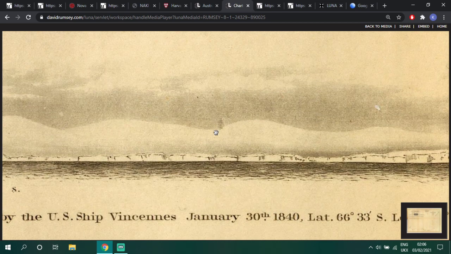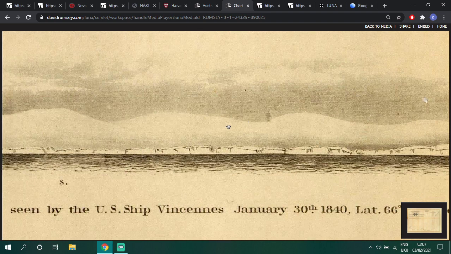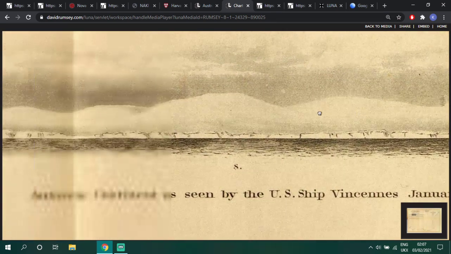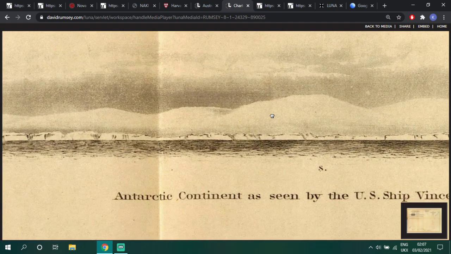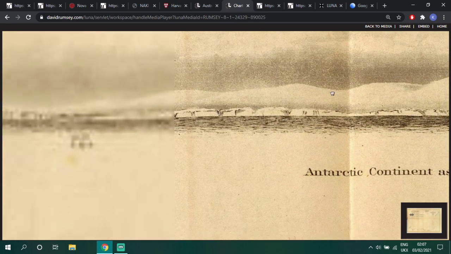Is that a giant standing there? I know I've got a vivid imagination and a tendency to see things that might not be there, but that looks like a shadow of a giant. I can't zoom in any further, but yeah, just standing there. You take a photograph of me. Clearly stands out, doesn't it?